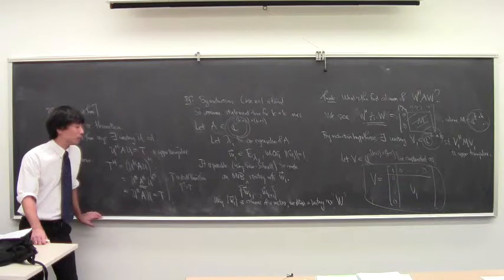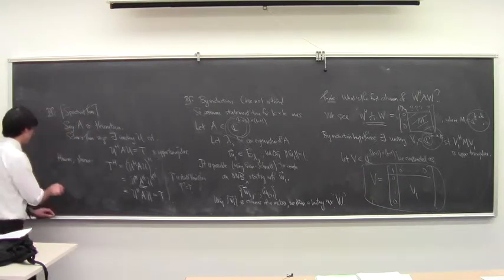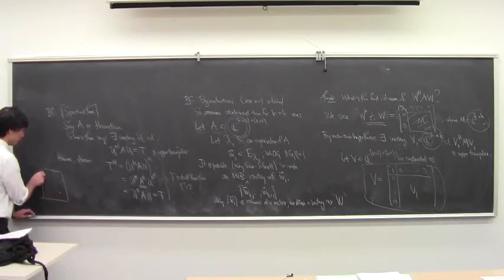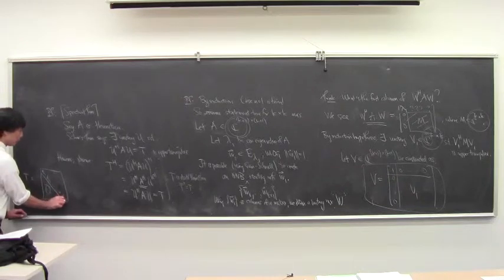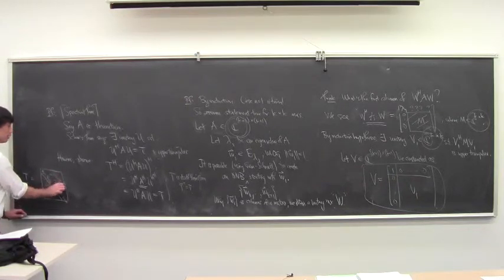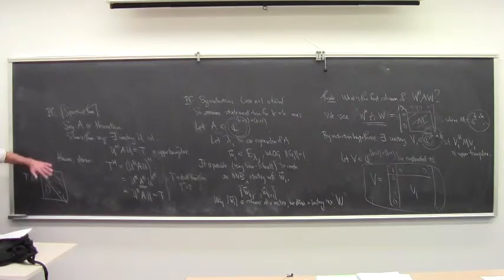Everything below here is 0. T looks like this: T11, T22, Tnn, and then there's some stuff over here. So if we flip it and take the conjugate of it, we get the same thing.